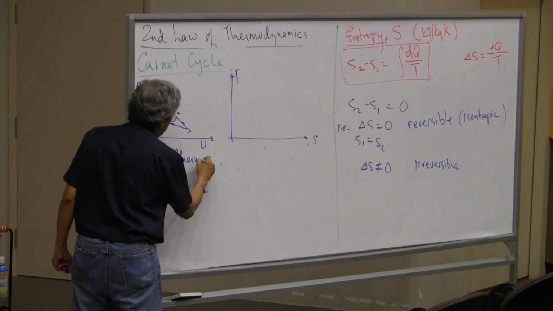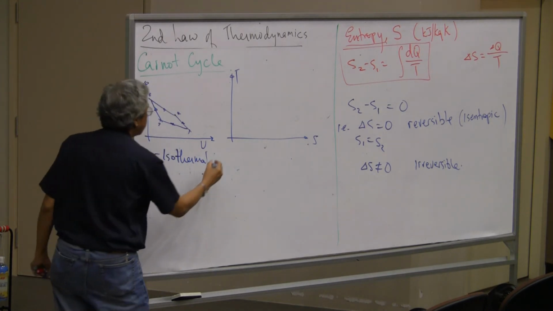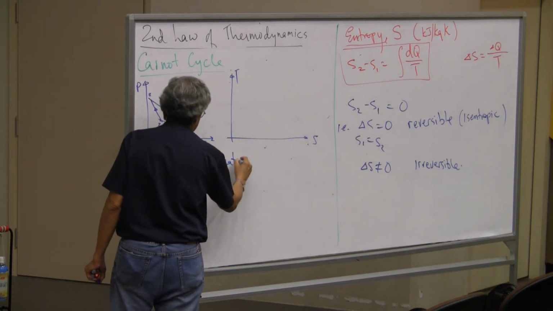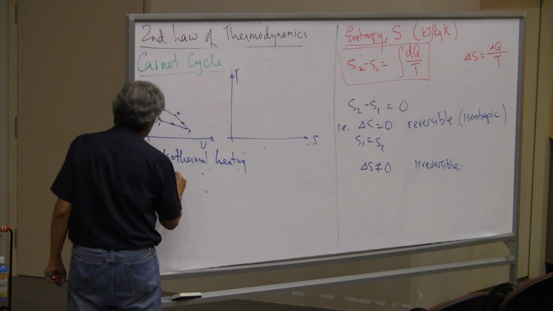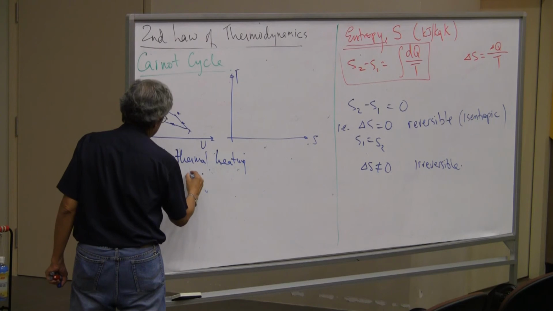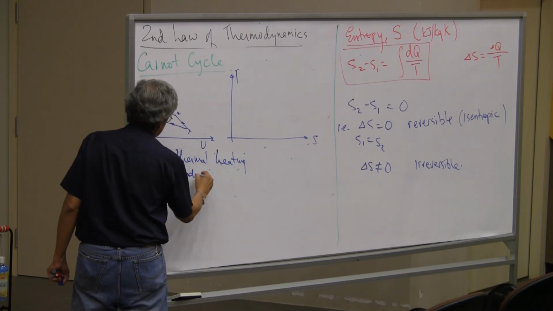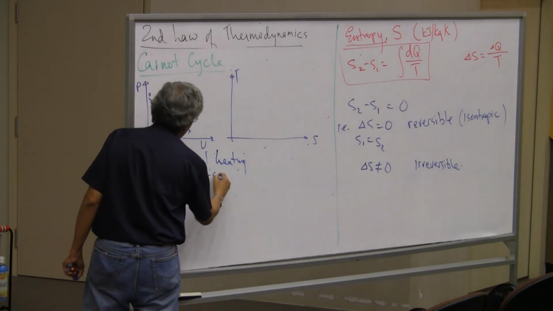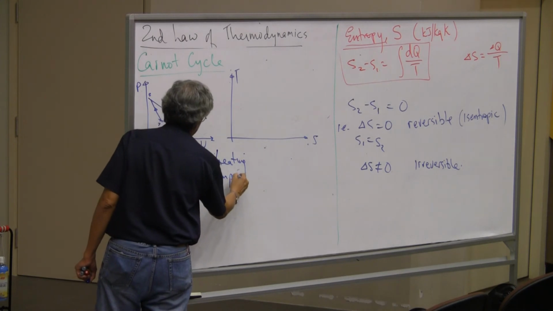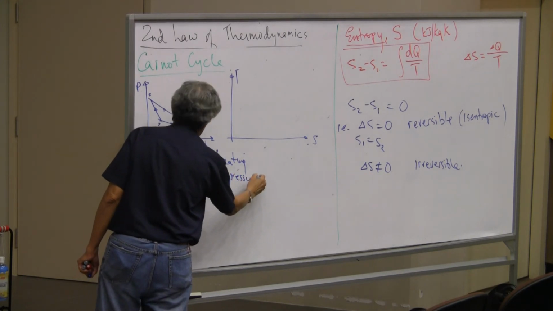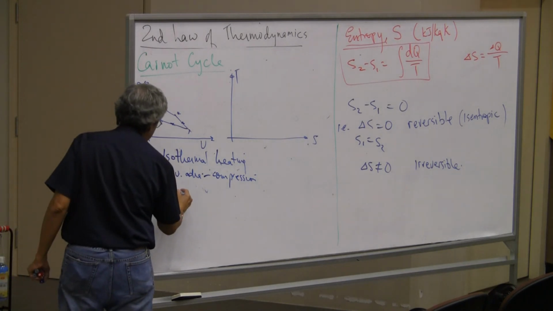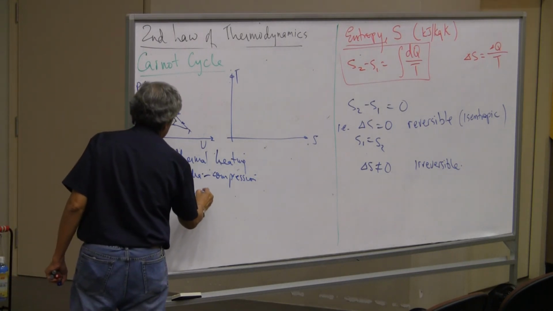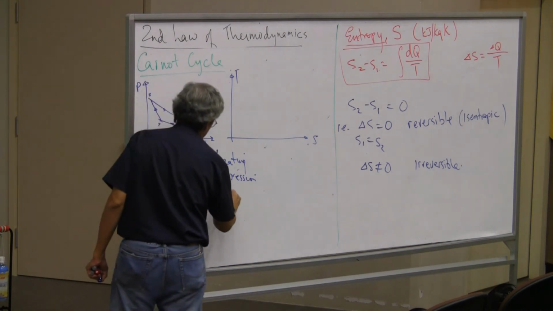Isothermal is still correct, but this one is heating. 2 to 3 is reversible adiabatic, isentropic. This one is compression. 3 to 4, again is isothermal. So this is cooling.